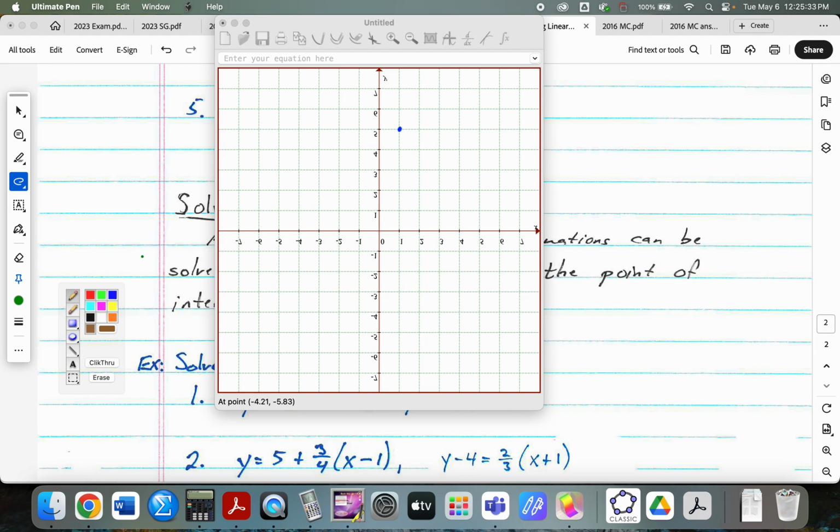And if you think about that for just a second, if I substitute +1 into this equation, that'll be 1 minus 1 is 0, times 3/4 is 0, so y's got to be 5. And it's got a slope of 3/4. 1, 2, 3, 1, 2, 3, 4. So I'll also go down 3 into the left 4.